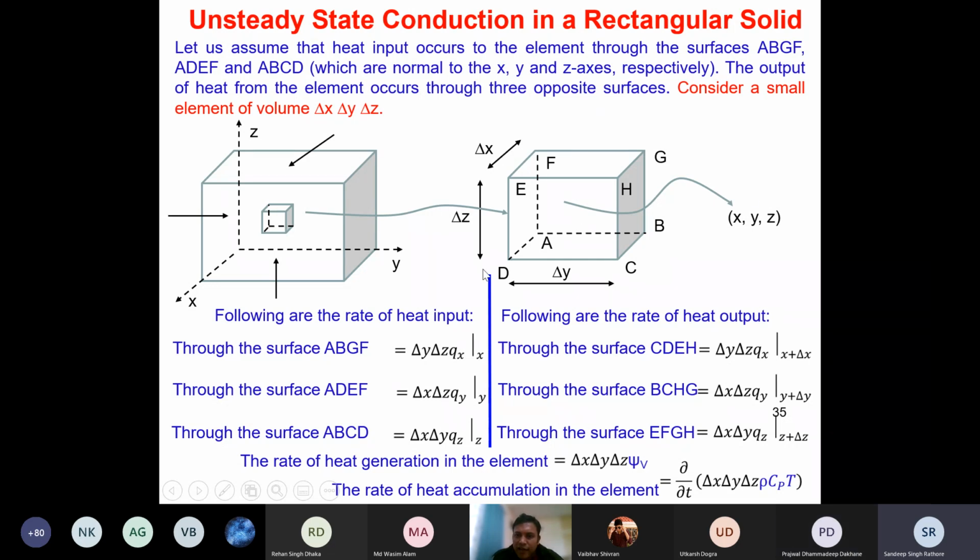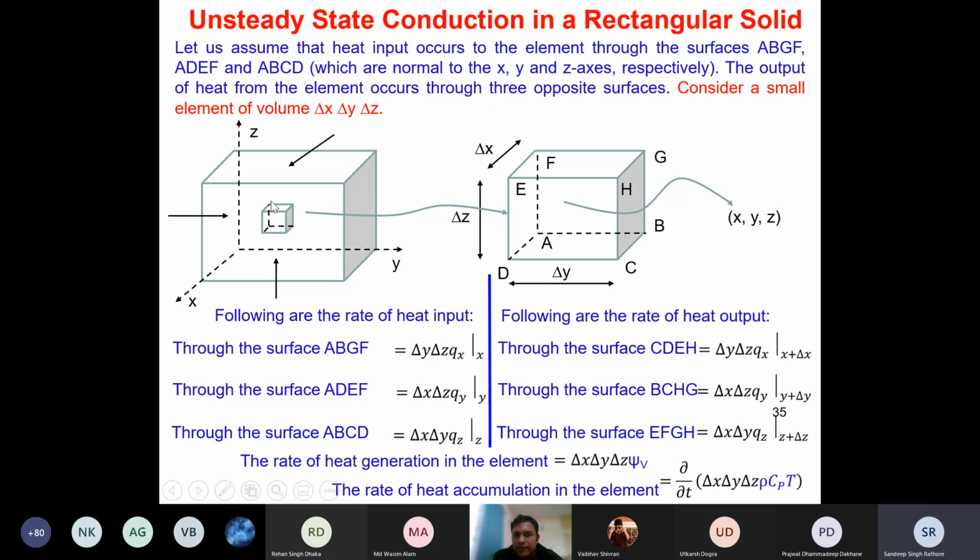Can you see here? This is the small volumetric element we have assumed in this entire rectangular solid. Why have we used the small volumetric shell here? Because not only are we looking at the generation term, but also the accumulation term. So all three complications we are looking at here.